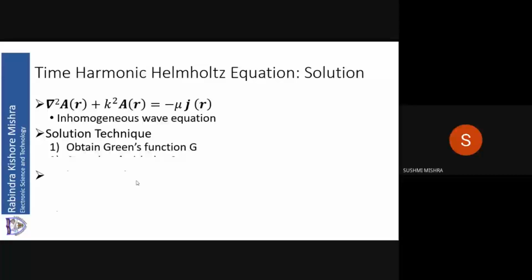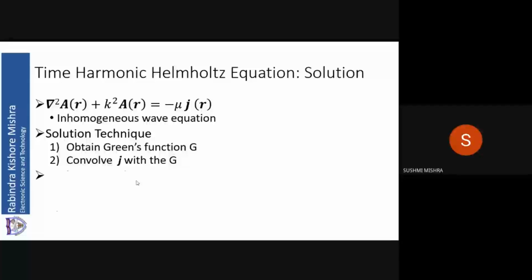Now remember one thing, if you have got an inhomogeneous wave equation, first thing is make it homogeneous. So make the right hand side 0. Then for the wave equation, you will know what will be the form of the solution for A.